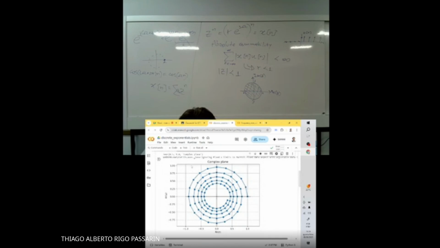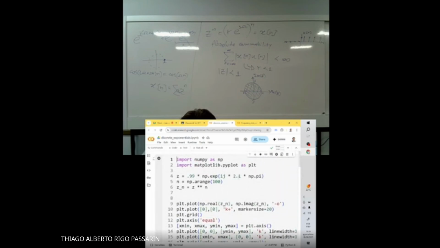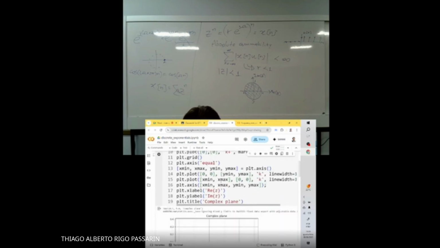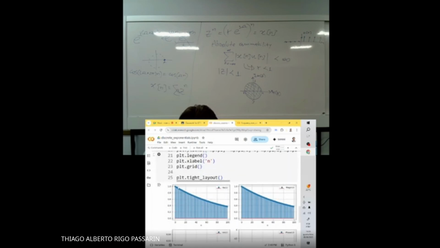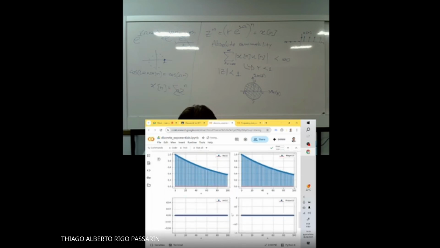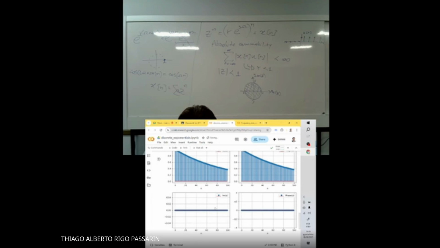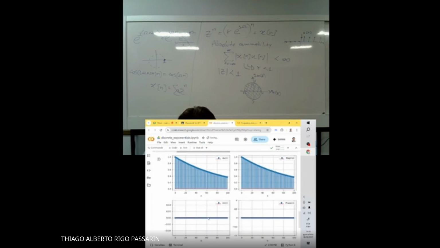So when the angle is 0, purely real, only real. And nothing in the imaginary part.